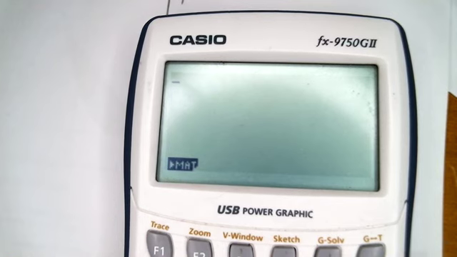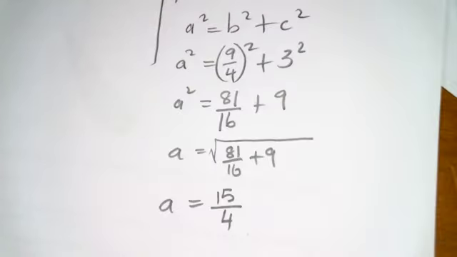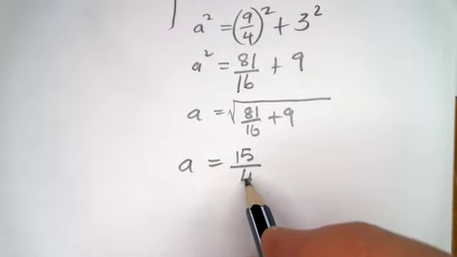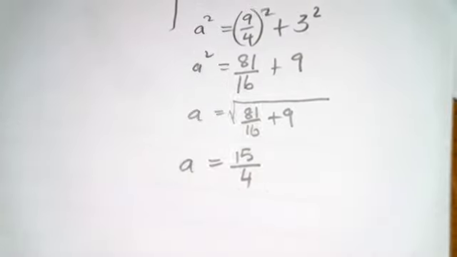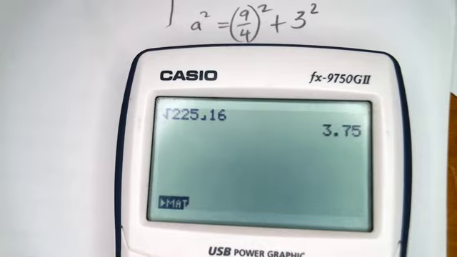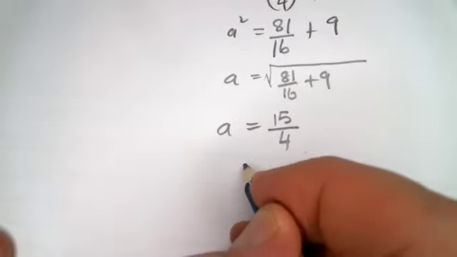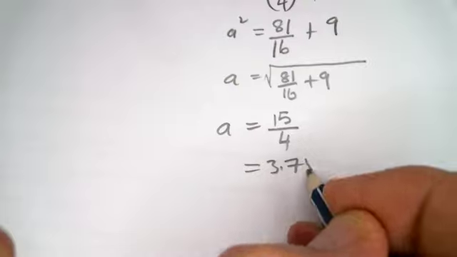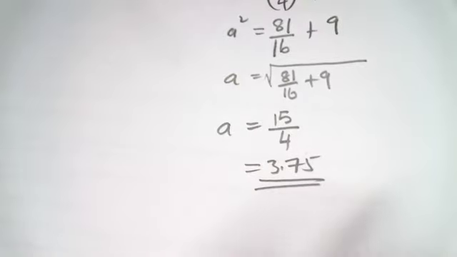So the square root of 225 over 16 is going to be 15 over 4. There it is, 15 over 4. And we can just simply go, yes, that's 3.75. I'm just going to go with 3.75.